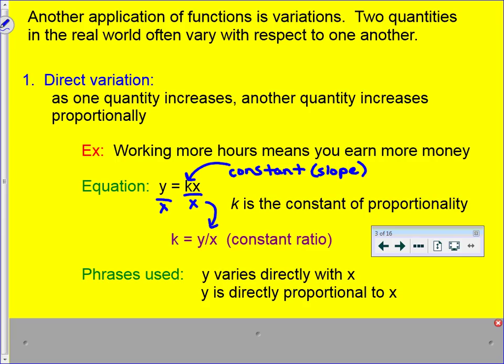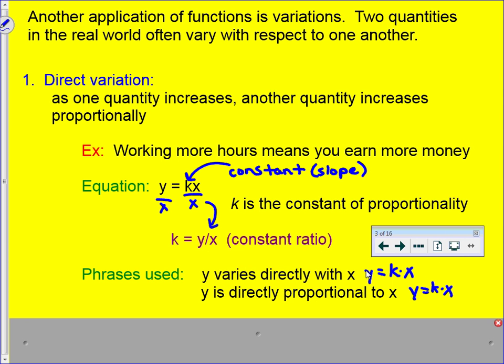It's your constant, which is why you would have y equals your constant times your x value, because y varies directly with x. If you're looking at the second phrase, same idea, same exact equation: y is directly proportional to x.